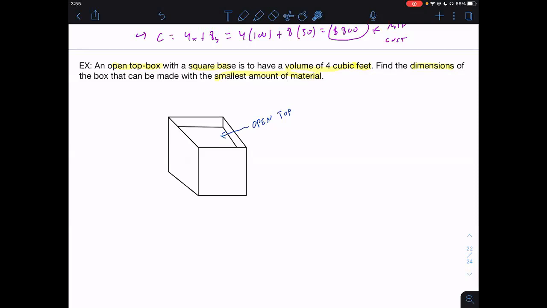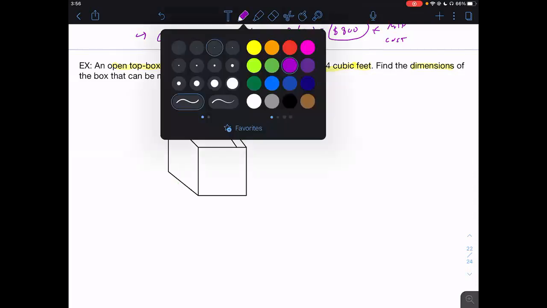All right, so how do we figure this out? First things first, it tells us that the bottom base has to be square, meaning the sides of the base are going to be all of equal length. So let's call that x.